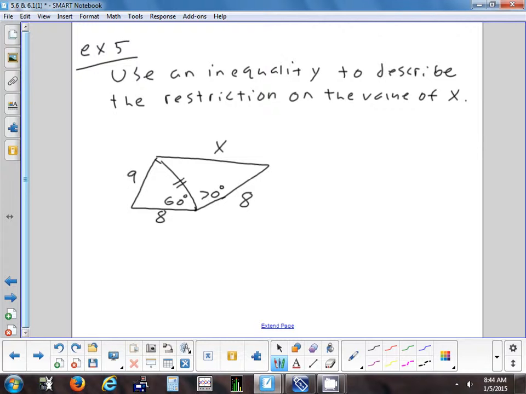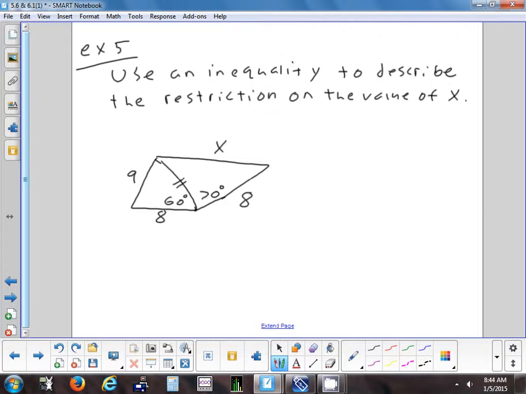Look for one side in a triangle that matches another, and then you've got to find another pair. So you have to have two pairs of congruent sides. Do you have that here? Yes. Yeah. You've got this side matching itself.